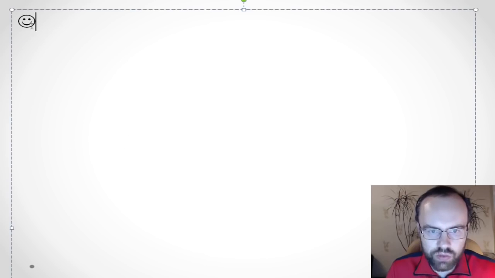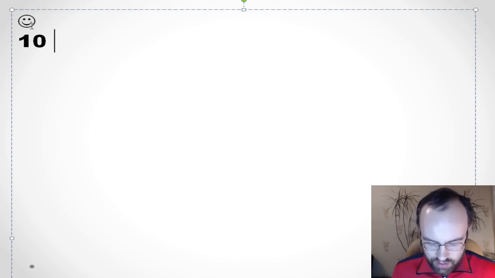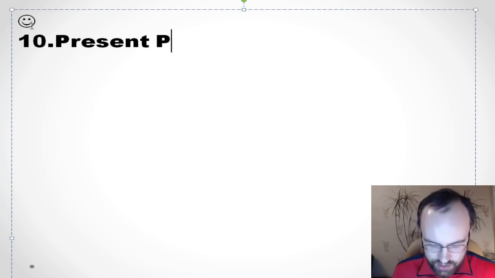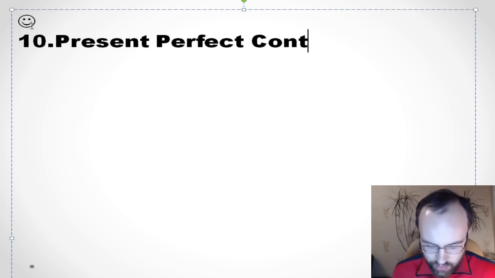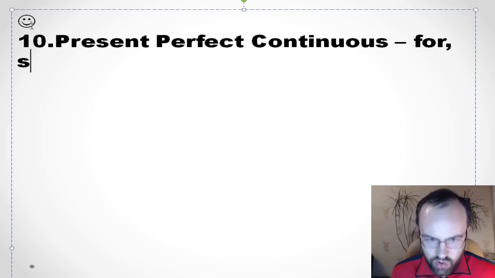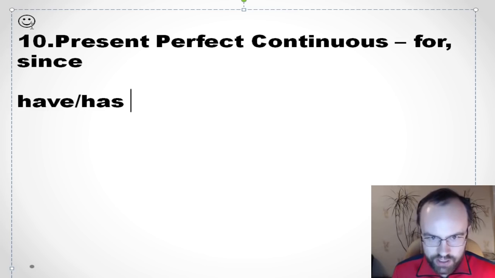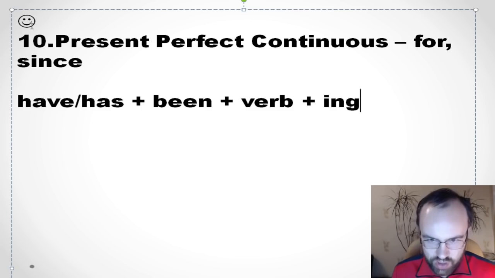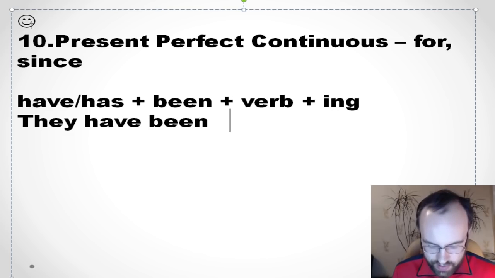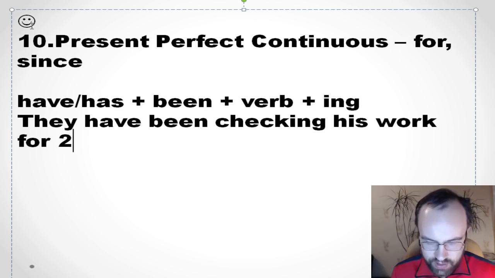Okay, so what about the perfect continuous group? So you know present perfect continuous, we often use it when we have for and since. So when do we use this tense? And how do we form it? Have or has plus been plus verb plus ing. For example, I can say they have been checking his work for 20 minutes.